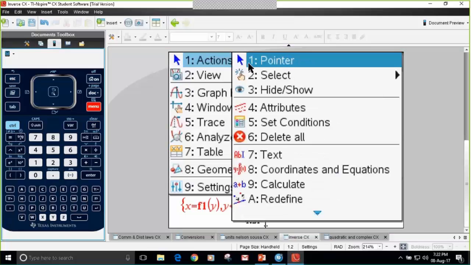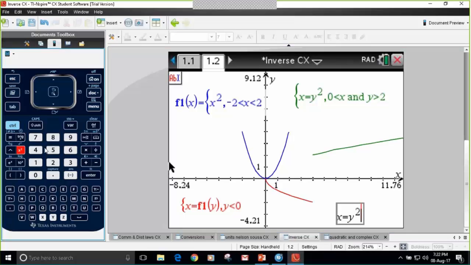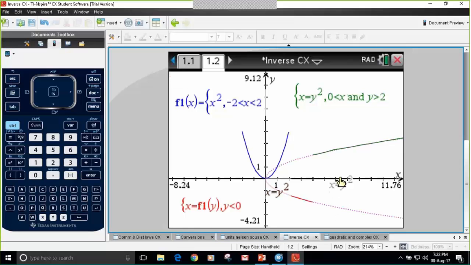Menu, Actions, come down here to text, so just click on the page, put x equals, say, y squared, enter that, and if you just grab that and move it up to either of the axes, that's the other way in which you can enter a relation.